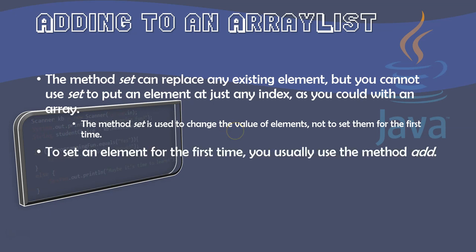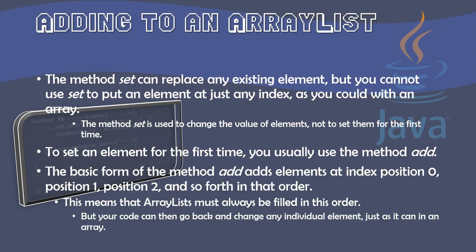So the best way to think about set is it's not adding a value, it's modifying a value. To set an element for the first time, we actually use the add method. So add is what's going to add in those elements to the array list. The basic form of the method add adds elements in position 0, position 1, position 2, and so forth until that array list is filled. However, our code can always go back and change any individual element, just as it can in an array.